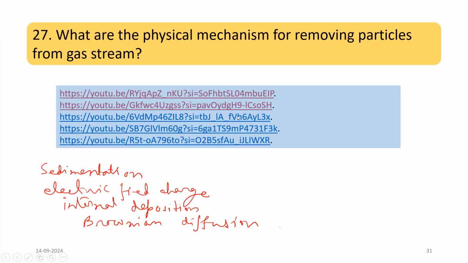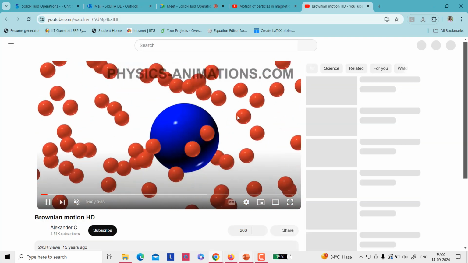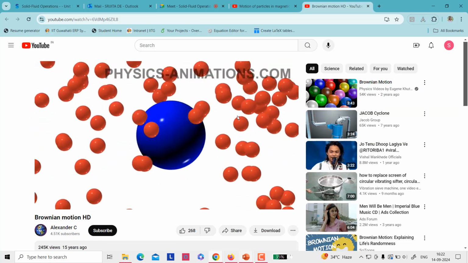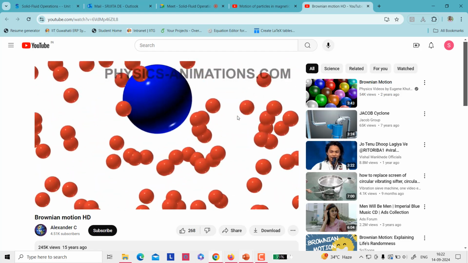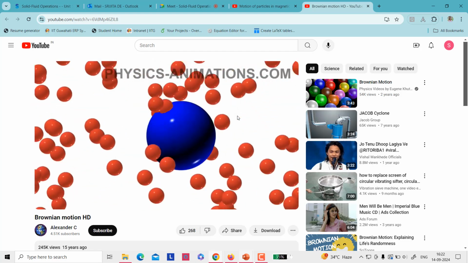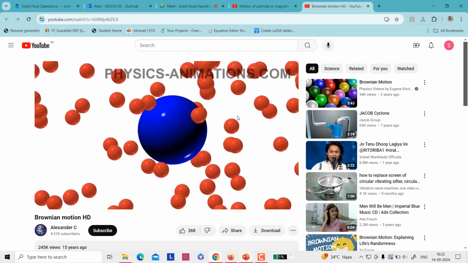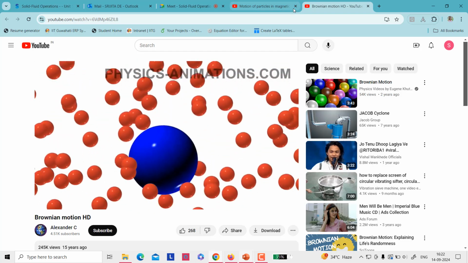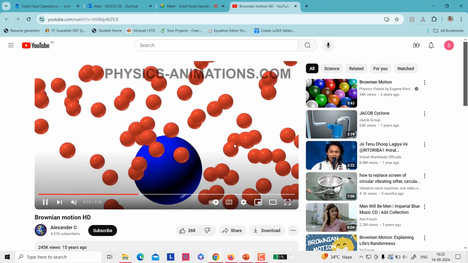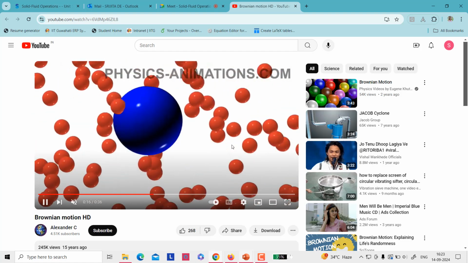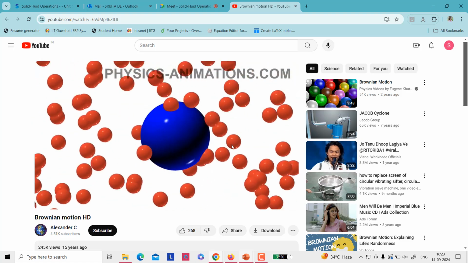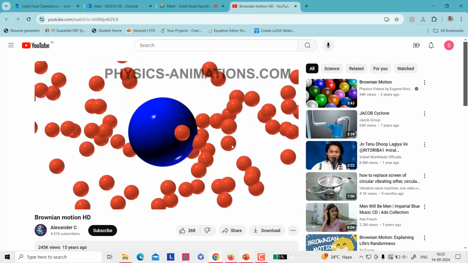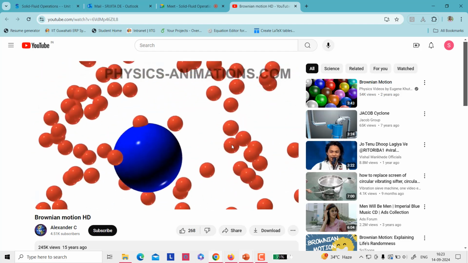Next one is the Brownian motion. Here the particles are moving randomly in random directions. The smaller the particles, the more frequently they move compared to the bigger particles.